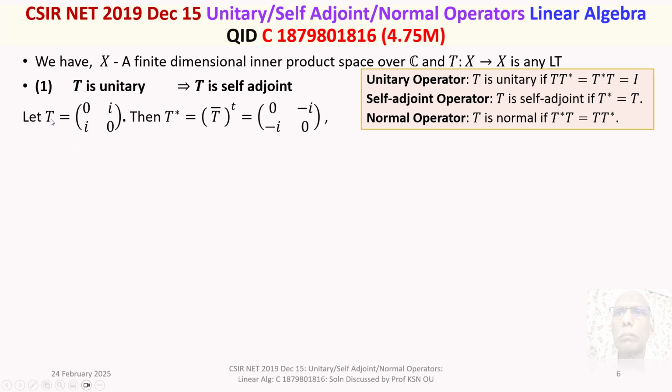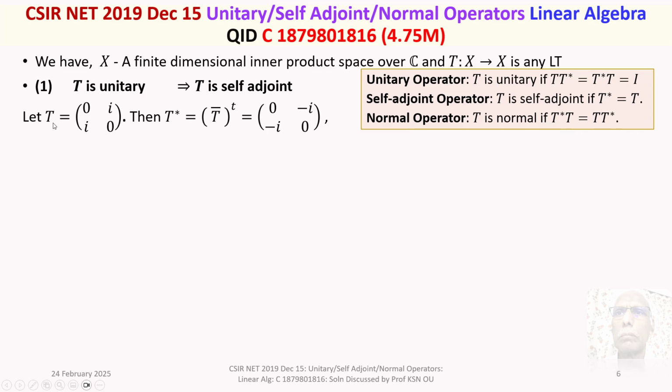When I write T is equal to this matrix, we mean that the matrix representation associated with the operator T is this one. That's the meaning.